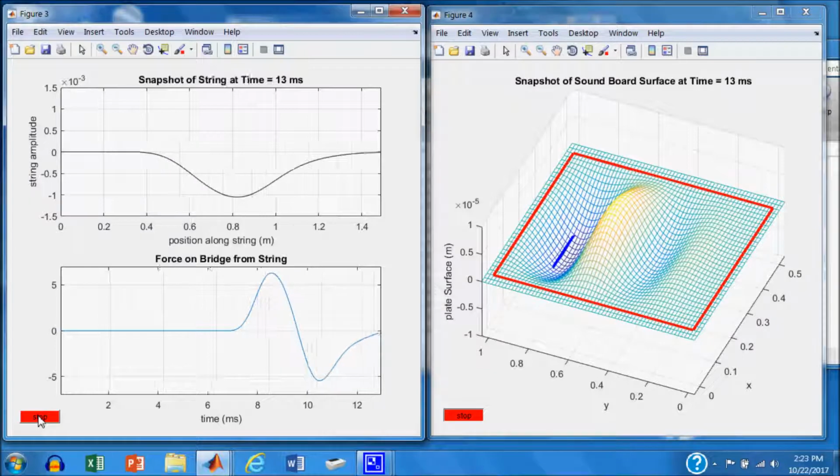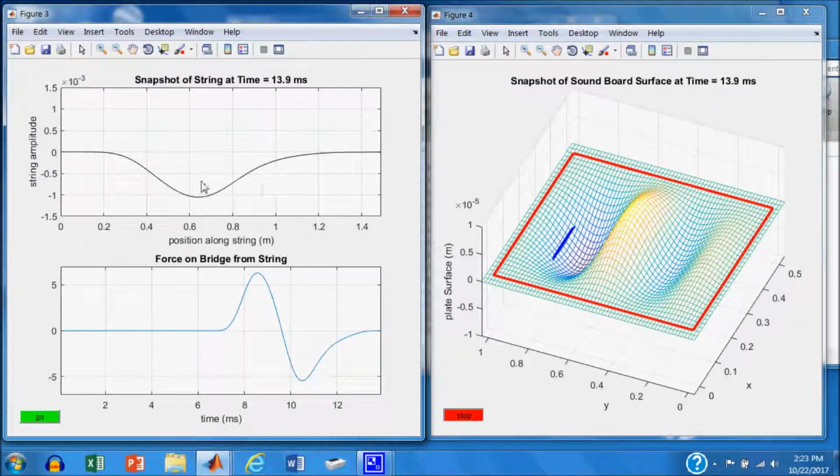Okay, the pulse has been reflected off of the bridge and passed it, and now the slope at the bridge is 0. So the force of the string on the bridge is 0.